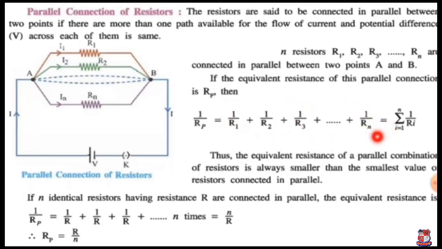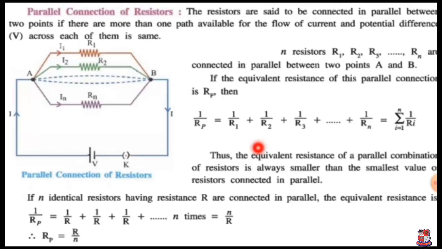So this equation can be reformulated with the summation symbol, such as summation i equals 1 to n of 1 upon Ri. In the earlier case of series combination, the equivalent resistance was still much larger than the individual resistance.